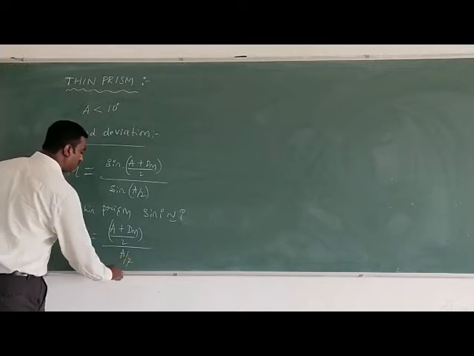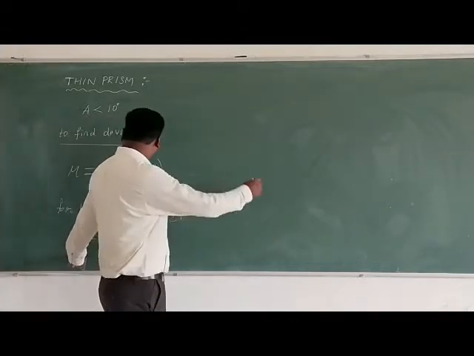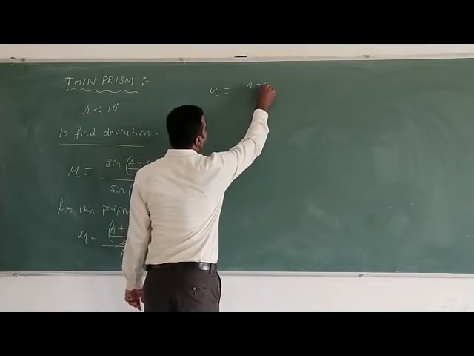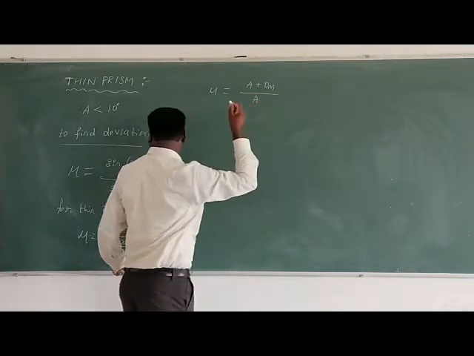Now the 2 gets cancelled, so the refractive index mu equals (A plus dm) divided by the angle of the prism, A.